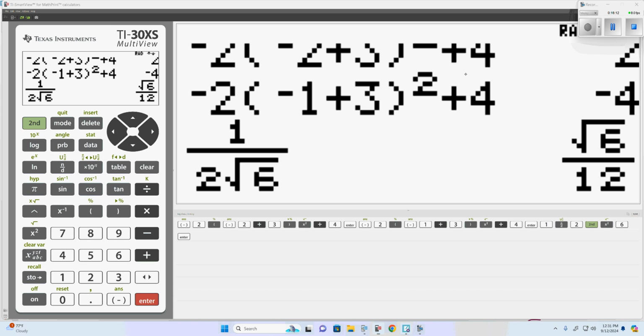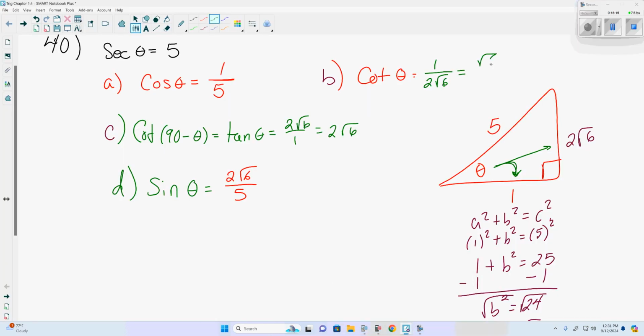Which would give us our square root of 6 over 12. I had those flipped. That's why that wasn't working out. Because there's two ways we can get at it. One is just from the formula.